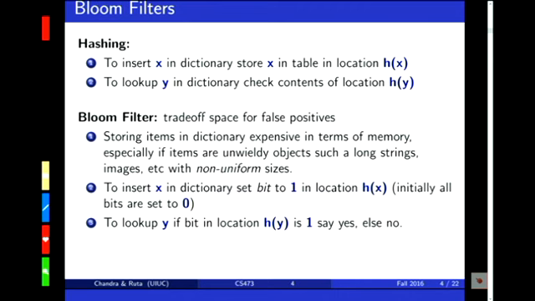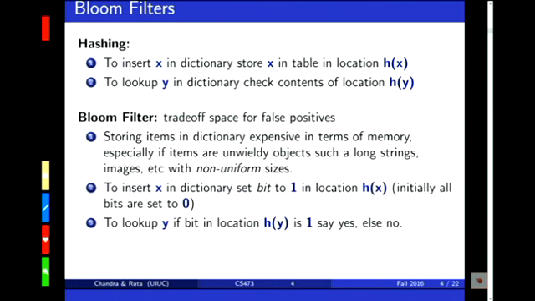So if I see 0, and I say the object is not there in the table, did I make an error? No, right? Because I make that bit 1 only when I insert x. If it is 0, that means I never inserted x, right? So if it is 0, then it's not there.